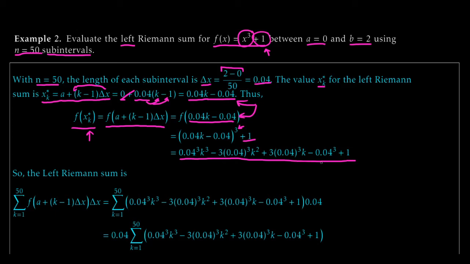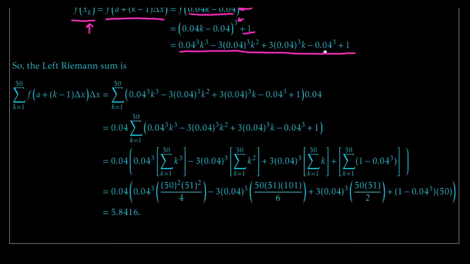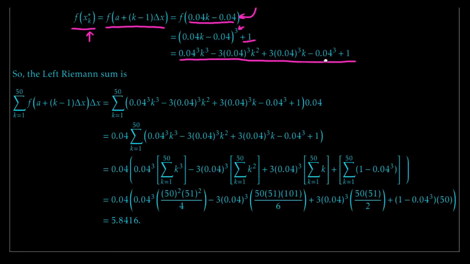All right. Now we're just going to use the formula for a left Riemann sum. So let's scroll down a little bit here. Cool. We got our f of xk star, and we've got our delta x. We're ready to go. The left Riemann sum is given by the sum from, in this case, k equals 1 to 50. Because we're doing n equals 50, this 50 right here is just n, of f of xk star, which in our case will be a plus (k minus 1) delta x, all times delta x.